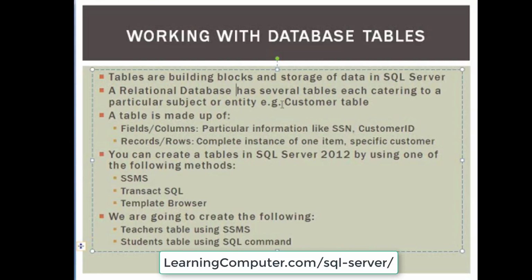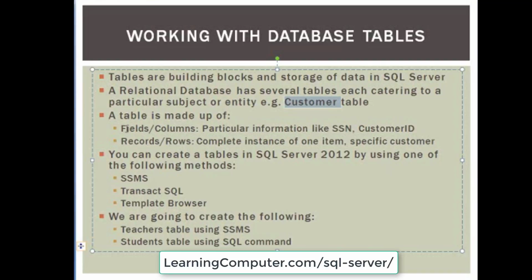So for example, you may have, like I mentioned, a sales database, and you may have a customer table. Within that table, we should have everything related to the customer. So things like a customer ID, their name, their address, maybe what kind of division they have, things of that nature. And like I mentioned earlier, a table is really made up of two things.